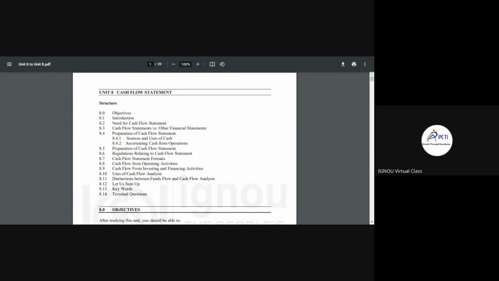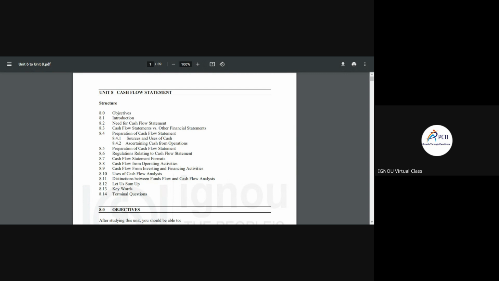So, in this unit, we need to understand the objective of this unit, the introduction, why we need a cash flow statement and how it is different from other financial statements. Then we need to know how we can prepare a cash flow statement, like sources and uses of cash, and then ascertain cash from operations.